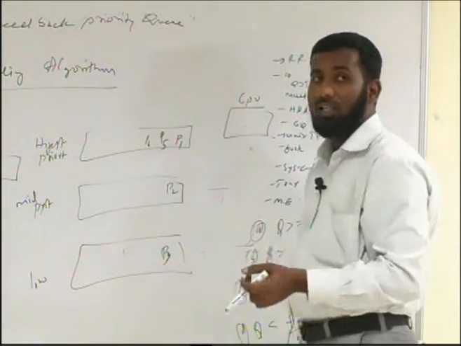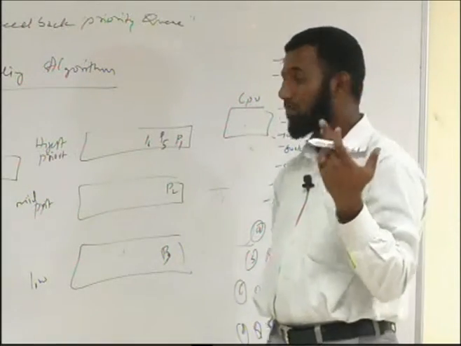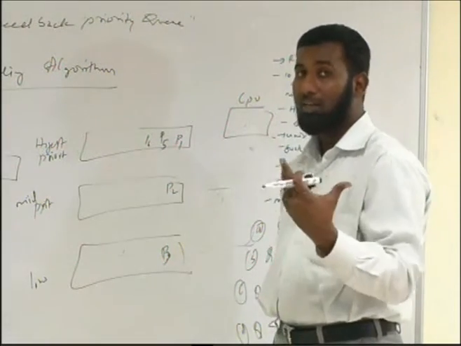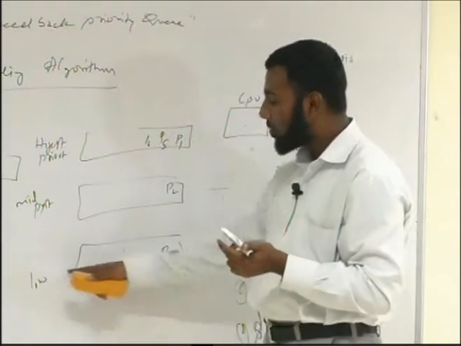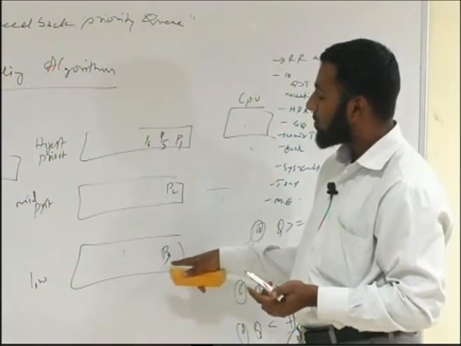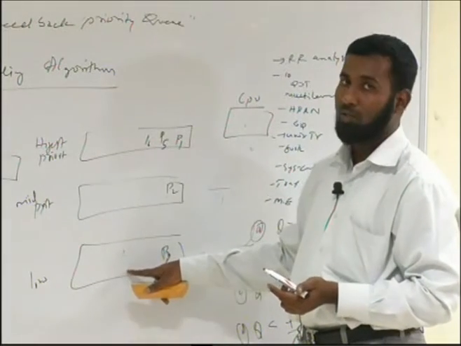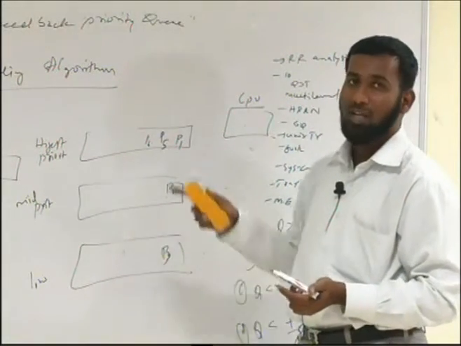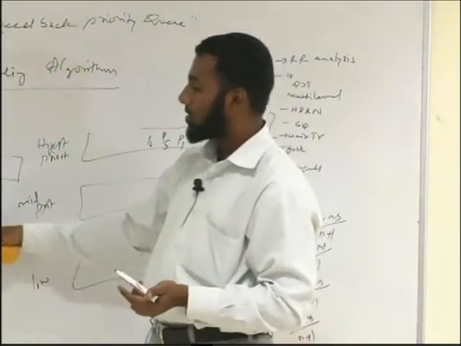There is a possibility that processes with highest priority or mid priority go on coming, thereby leaving all the processes in the low priority queue in starvation. It is possible for the processes in the low priority queue to execute if and only if the high priority queues are empty. So this leaves the system in starvation.